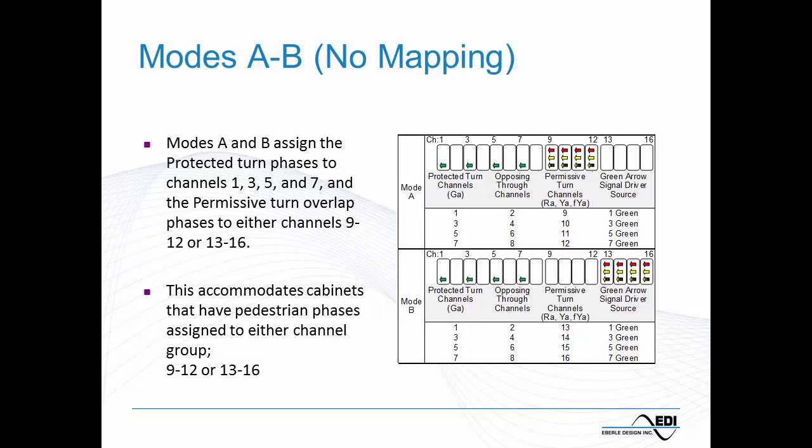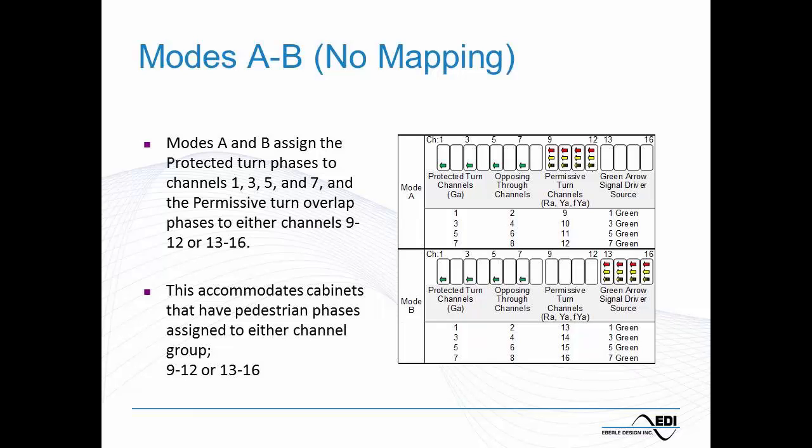If your agency is the opposite, then mode A would be the way to go. So in this case, we have on 1, 3, 5, and 7 the protected green arrows. In mode B, we have on 13 through 16 what we call the permissive channels: red arrow, yellow arrow, and flashing yellow arrow.